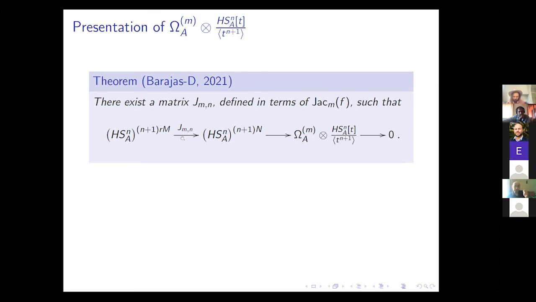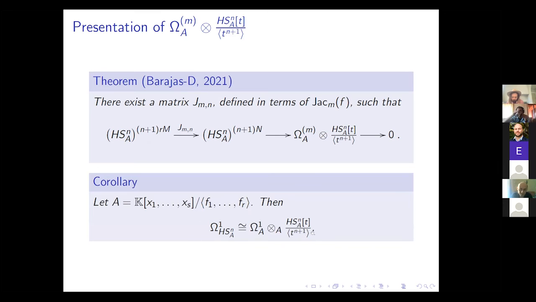And then you obtain a nice corollary, because if you do this for m equal 1, it turns out that this matrix is actually the Jacobian matrix of the Hasse-Schmidt algebra. So as a corollary, we recover the formula given by Fernández de Bobadilla-Docampo in the case of finitely generated algebras. So we have an explicit presentation, given by some matrix.